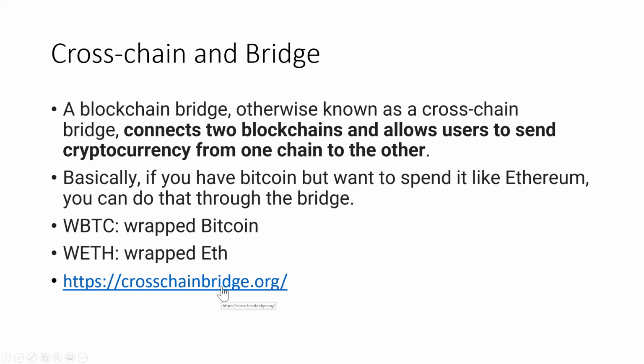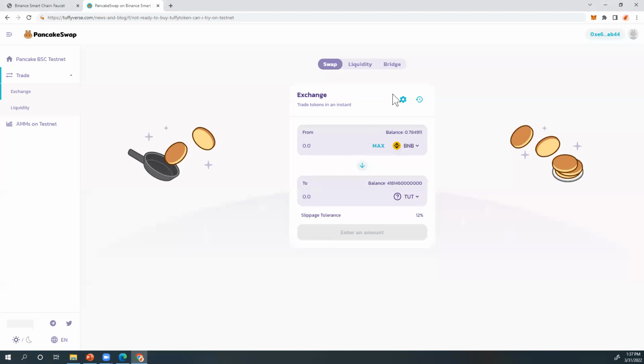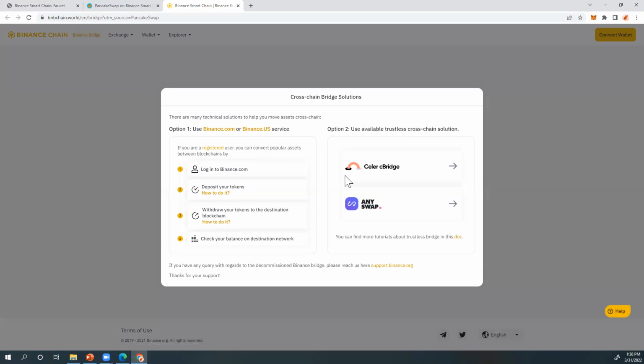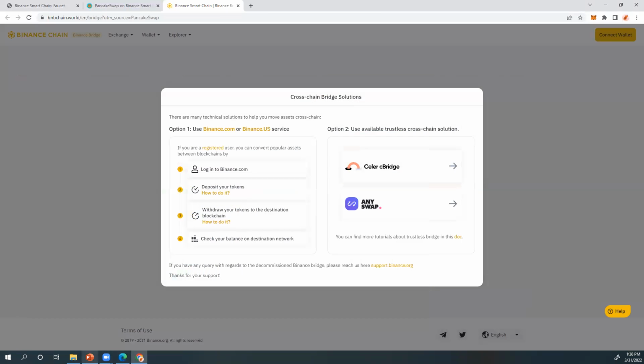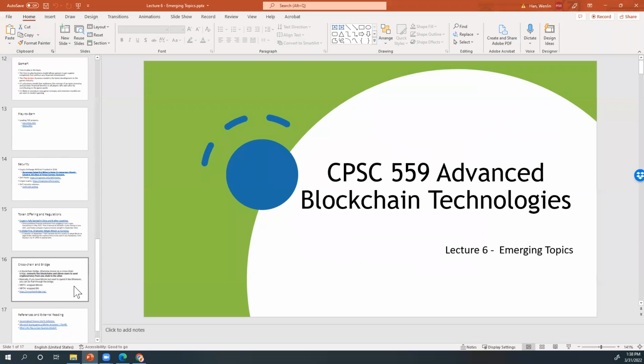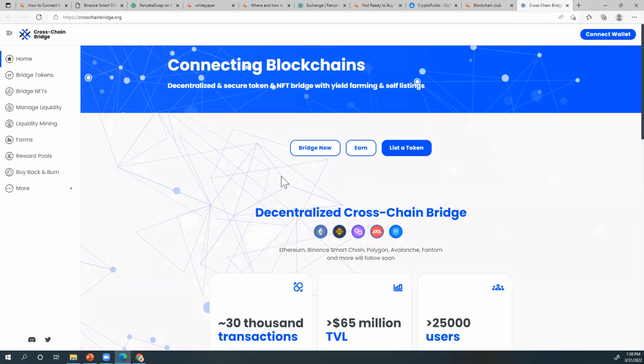Here is a link for a cross-chain bridge. You can take a look, and we may also show something in the testnet of PancakeSwap here. It also has a bridge. If you click here, it allows you to bridge your asset from one chain to another. So you can also click this one to list the cross chain.